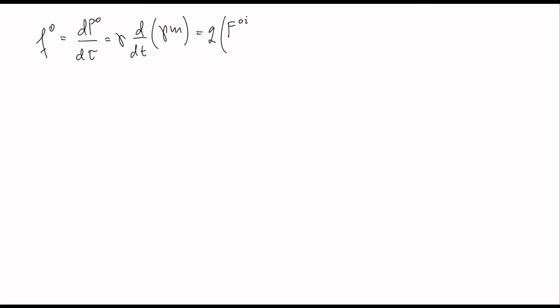Well, we have ui, which is vi and then gamma. Okay, so this is electric field, so we have gamma q, electric field, no minuses involved, and contracted with vi, which is just simply E dot v.